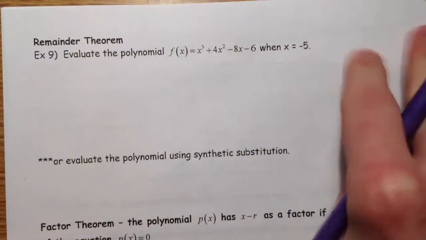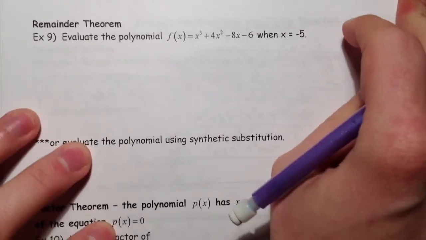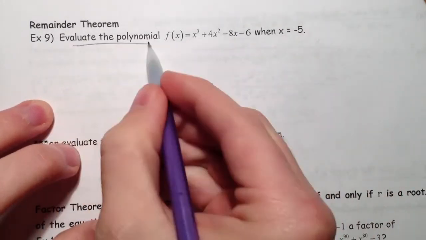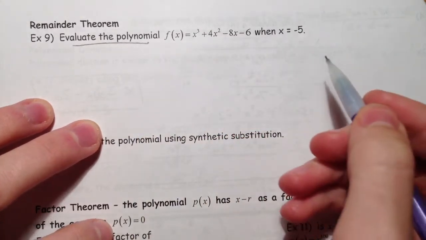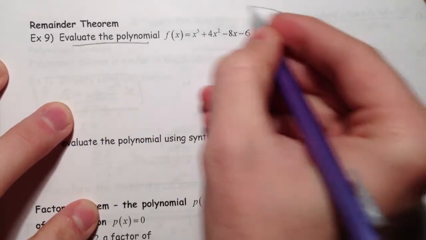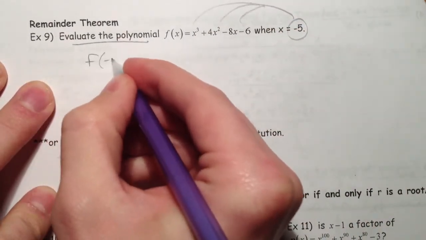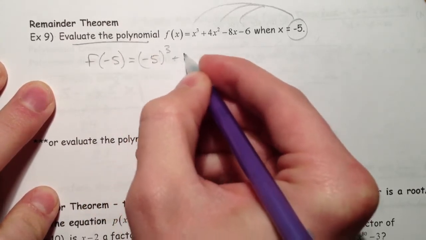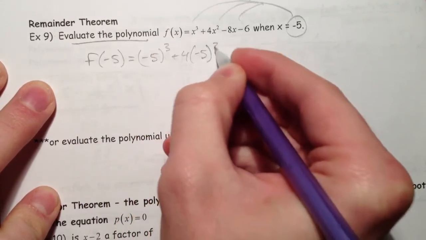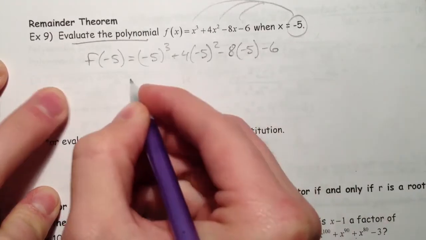Okay, so now remainder and factor theorems. You've pretty much already talked about it, but it's pretty slick. So evaluate the polynomial f of x when x is negative 5. So up until this point, you would just take this negative 5 and plug it in, and that still works. F of negative 5 is negative 5 cubed plus 4 times negative 5 squared minus 8 times negative 5 minus 6.